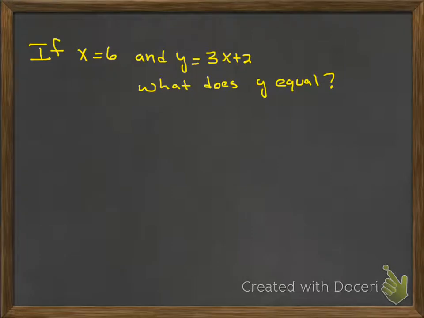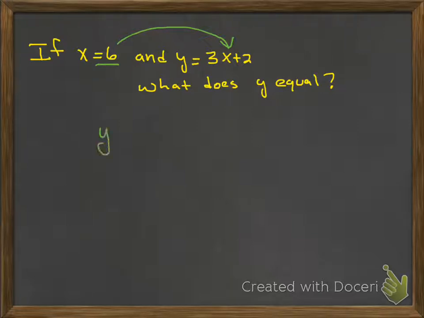So, if I give you an equation like this, if x equals 6 and y equals 3x plus 2, what does y equal? Well, we've done something like this at the beginning of the year where you just substitute in. Since we know x is equal to 6, we're going to plug in 6 into our x.